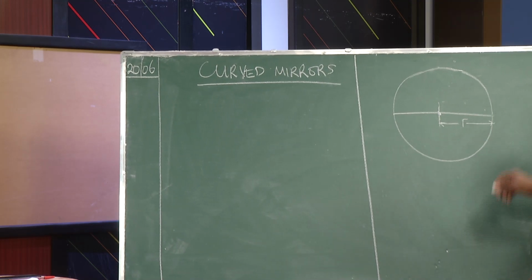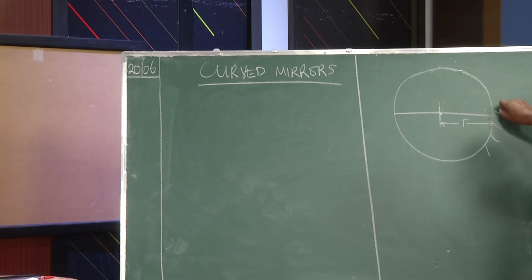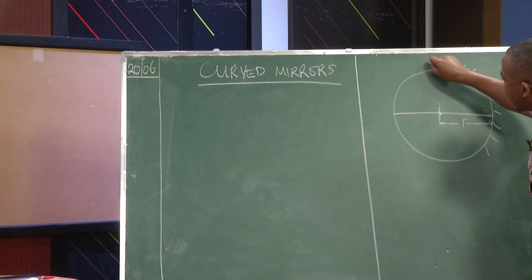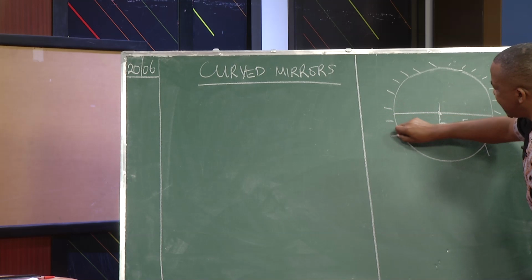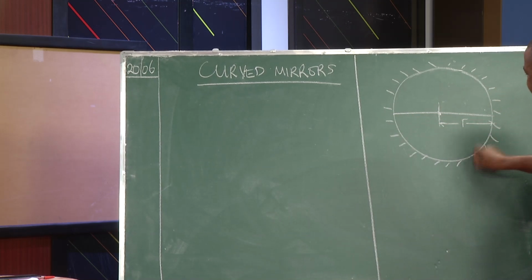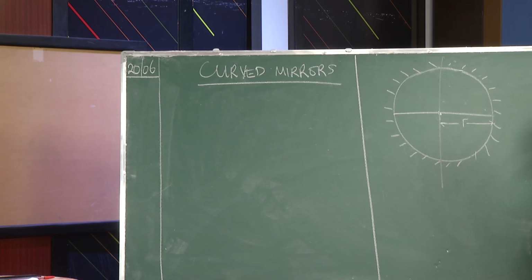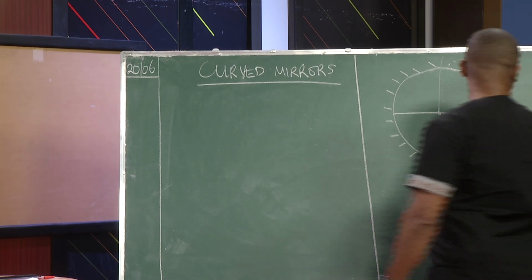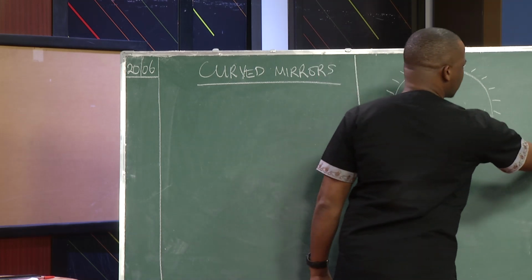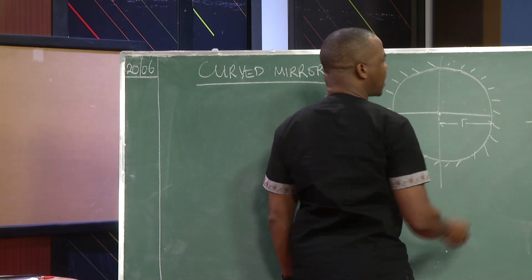Now, if the sphere is shaded outside, all over outside, then this sphere, if cut into half, will give us a mirror that we are going today to see or to remind ourselves of, that mirror that we shall refer to as a concave mirror.